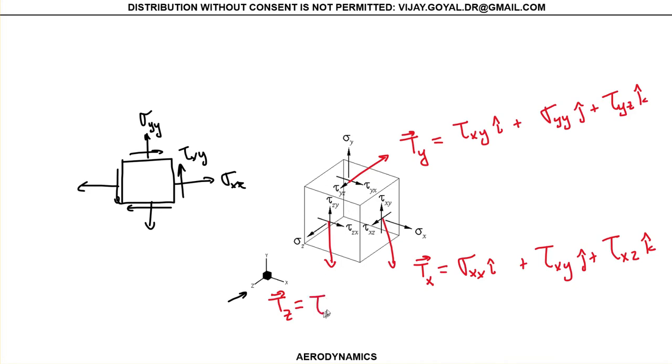So this is tau xz in the I direction plus tau yz in the j direction, plus sigma zz in the k direction. So these are my stress vectors, the total stress vectors acting on that particle. That's important as we go along, as we derive the equations for momentum now.